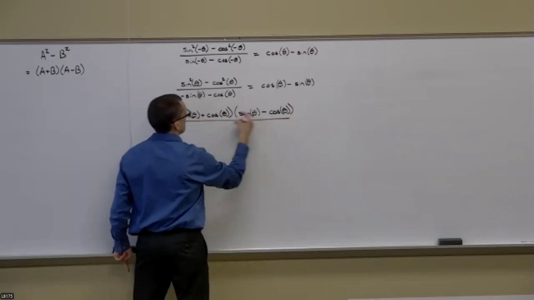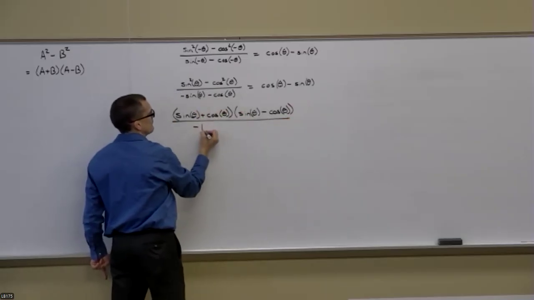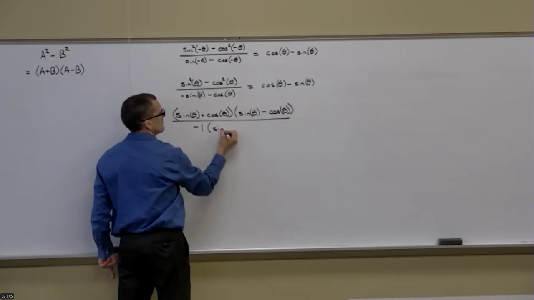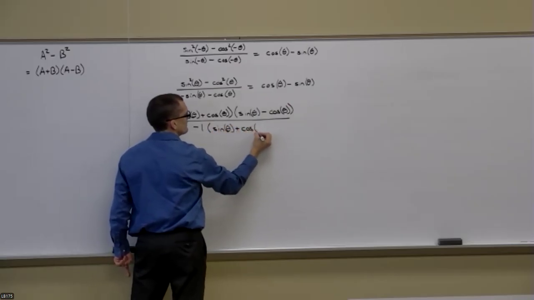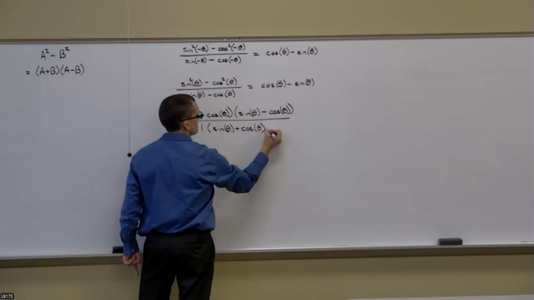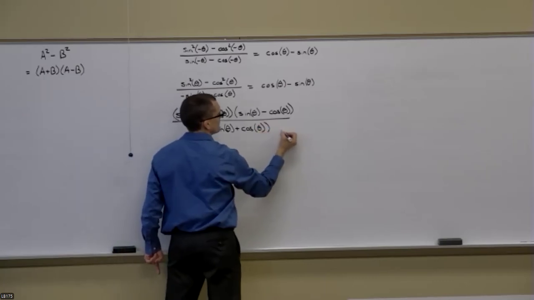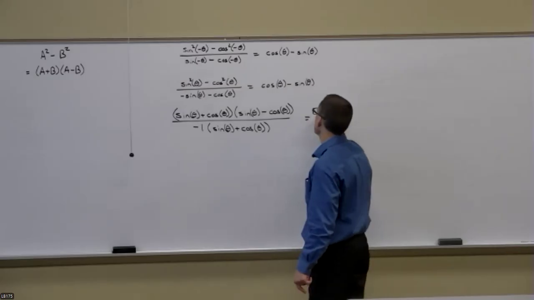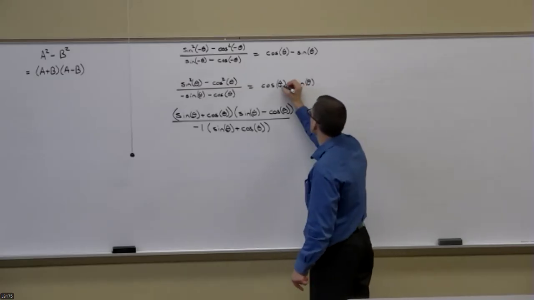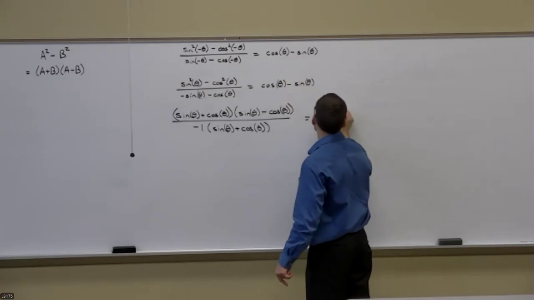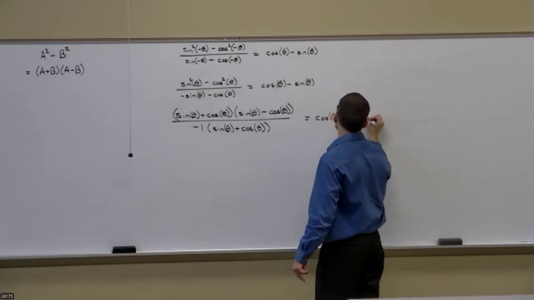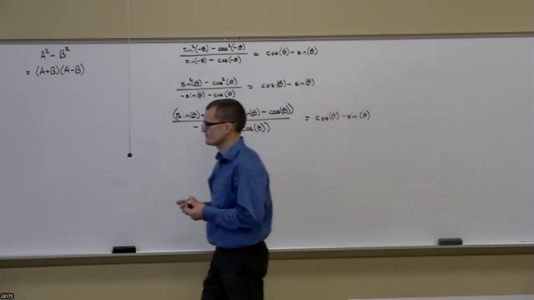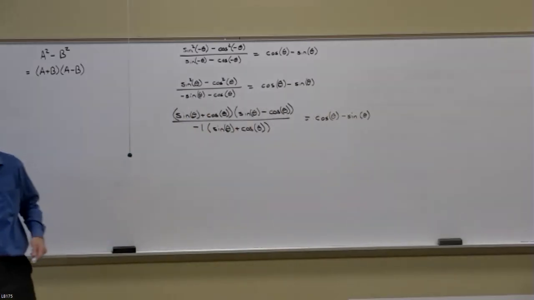And then if you notice the bottom, it's -1 times sine plus cosine. On the right-hand side, we still have cosine theta minus sine. Okay.